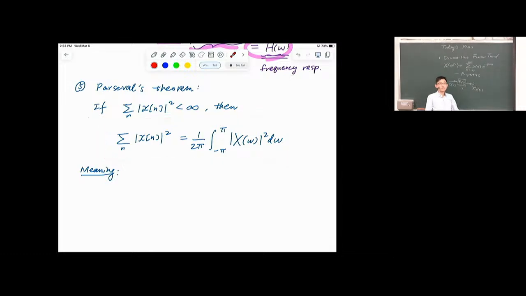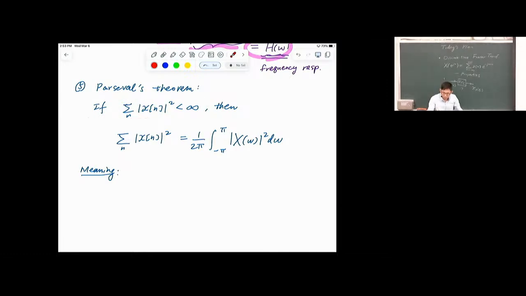There's an equality right here, which states that when we sum up the square of our signal in time, it essentially equals integrating the square of the magnitude in the frequency domain. And that's a very strong result.